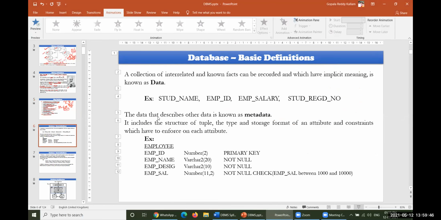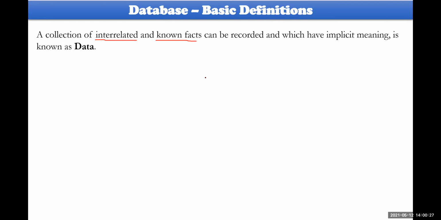You can consider anything, whatever the system might be. That system can be taken into consideration as a collection of interrelated items, and those items or facts must be known to everybody. Such known facts will be interrelated. Known facts will be considered as data.